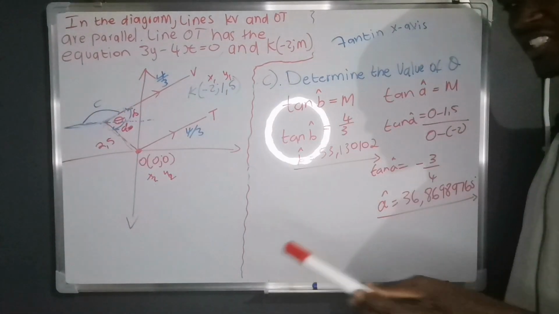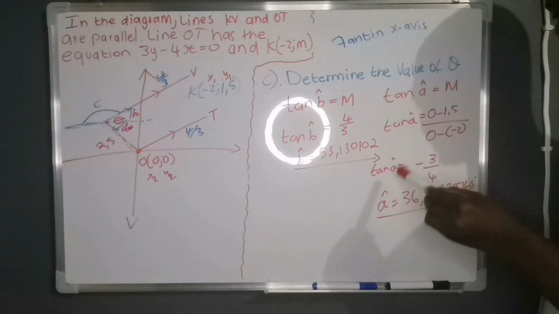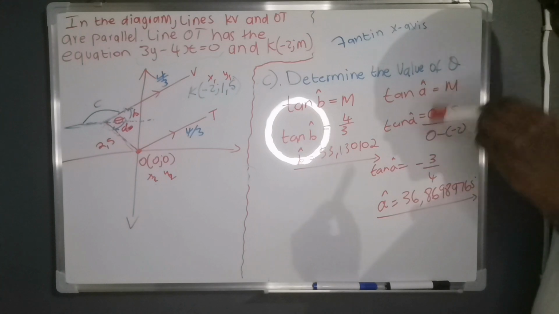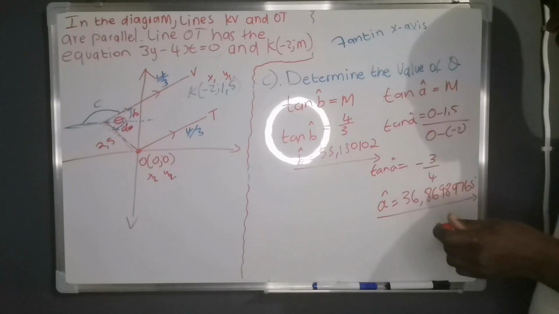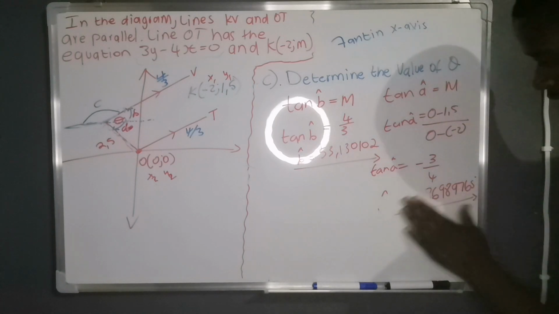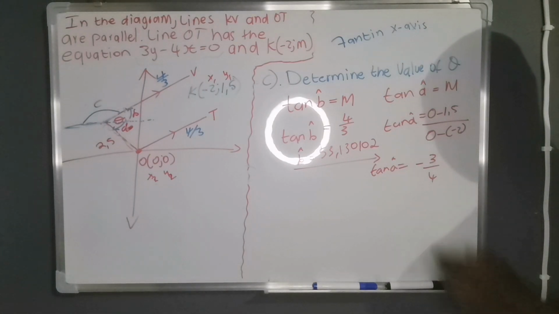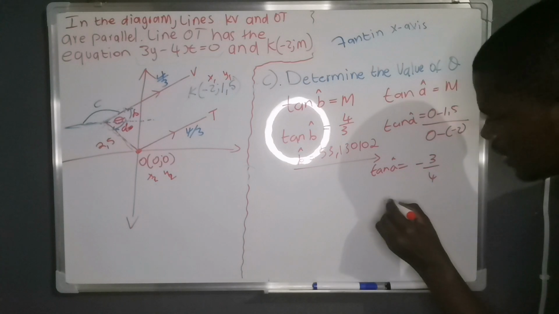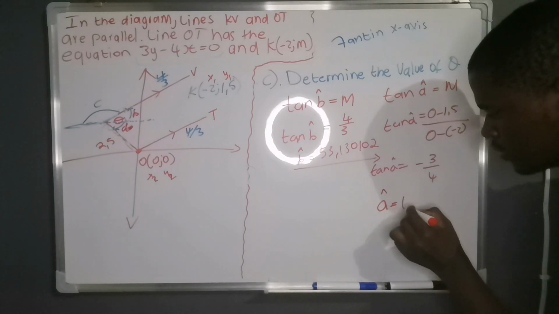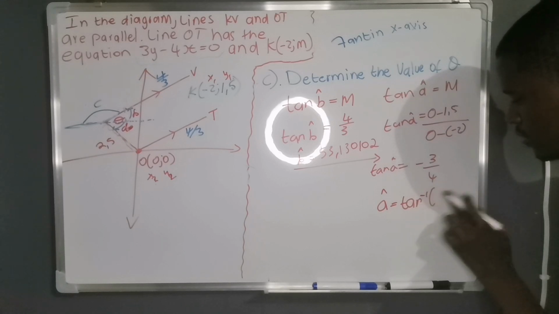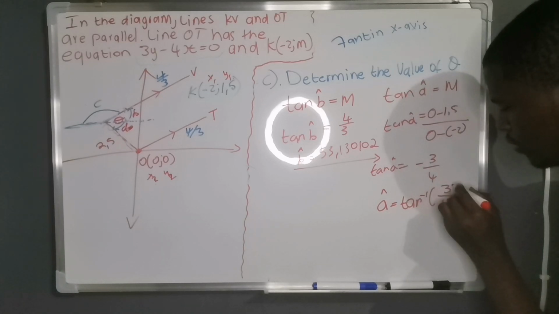But if you don't say 180 minus, if you leave it like that as tangent inverse of 3 divided by 4, then let me just write it like that so that you can see it. So A is equal to tan inverse of positive 3/4.